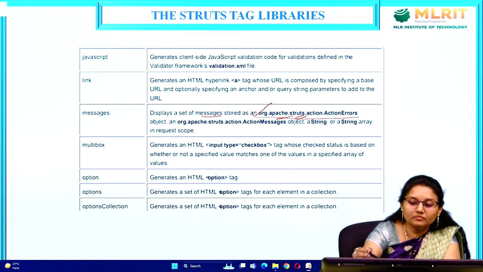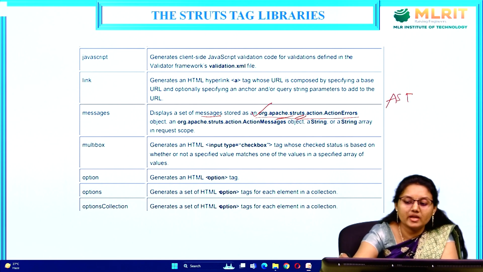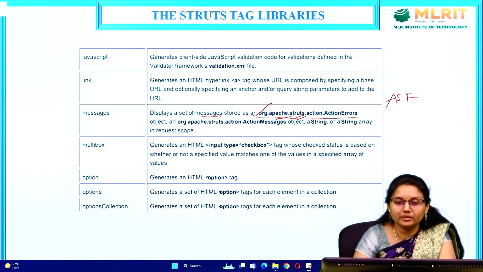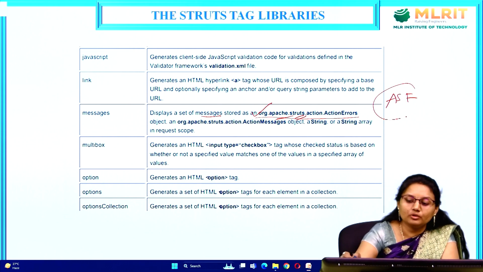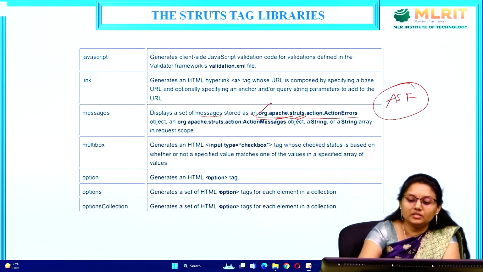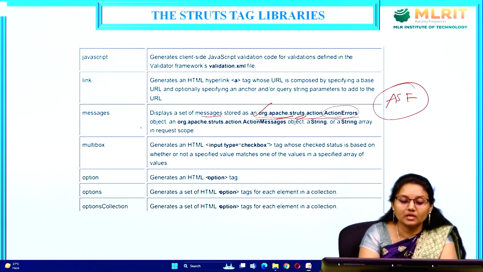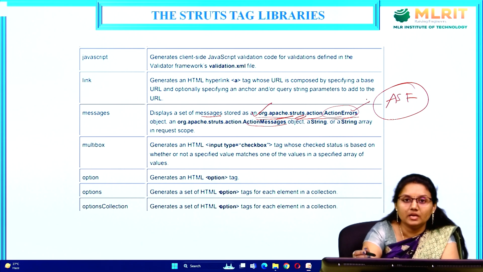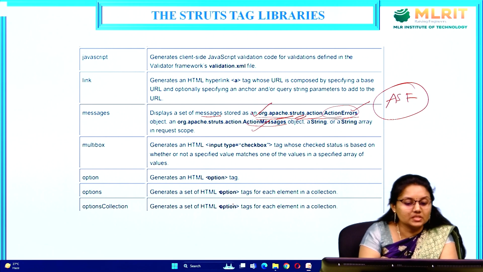Apache is nothing but the ASF, Apache Software Foundation, which provides all the documentation and different versions of Struts. Everything is given in org.apache.struts. From there you have APIs like action errors, so that all those objects can be extracted. In that we also have action messages. In action errors we have action message objects also. This is a request object.